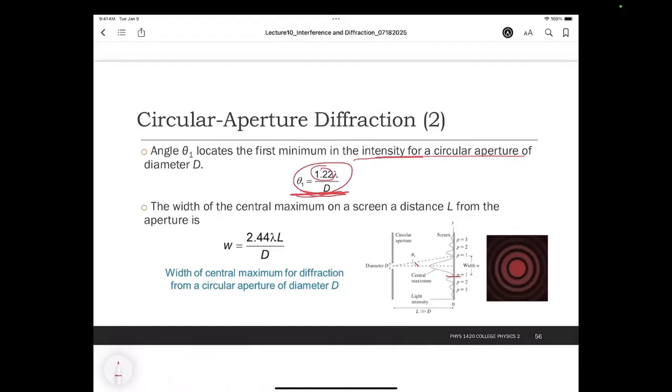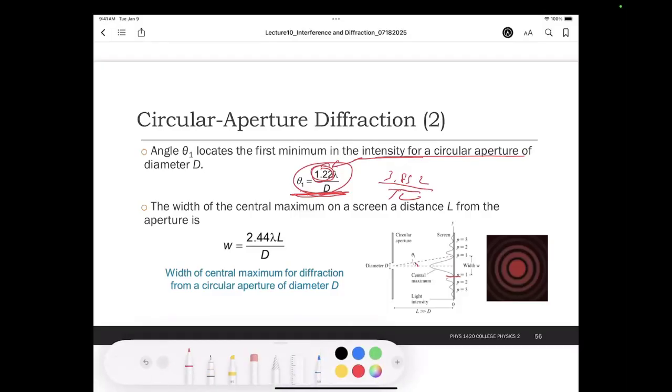This is from a theory called the Airy pattern, where the first zero of the Bessel function occurs at approximately 3.8332, and then it should be divided by pi to equal this one. So this is just a constant for this situation.